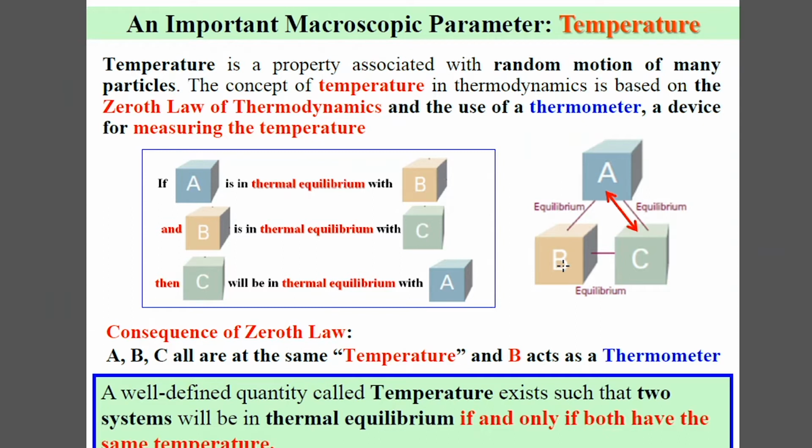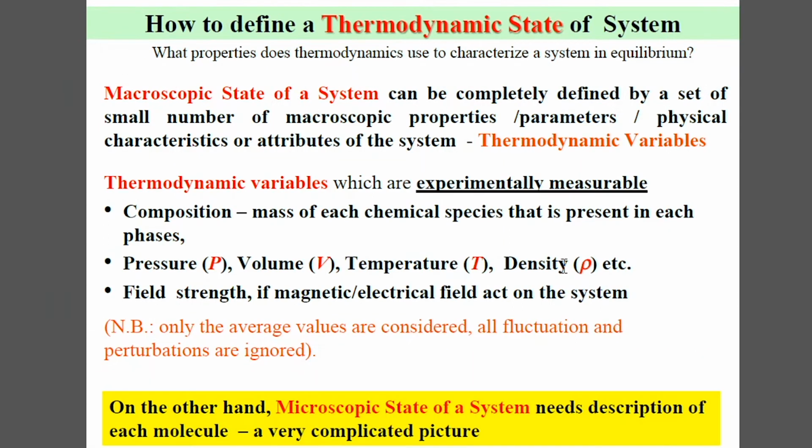After discussing the concept of temperature, which was done briefly, I did not go into the detail of how it was established. Now let us go into the thermodynamic state. How do you define a thermodynamic state? A thermodynamic state is a state of the system for which fixed values of macroscopic properties are defined.